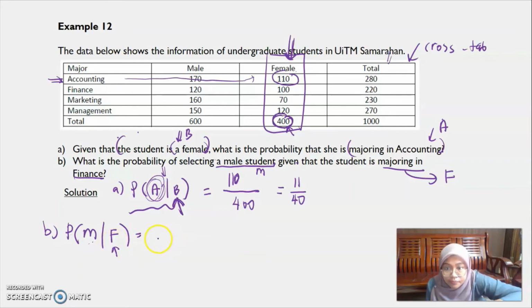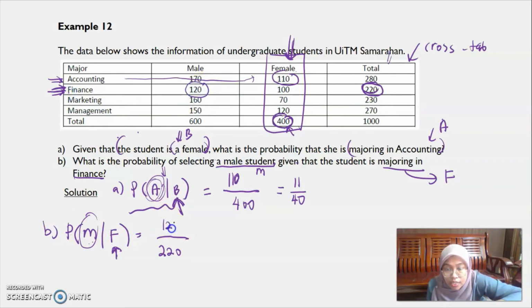Since this event of majoring in finance has already occurred, this is the finance student group. The total number of finance students is 220. So out of 220, we want to find the number of male students. In the finance major, for male, we only have 120.